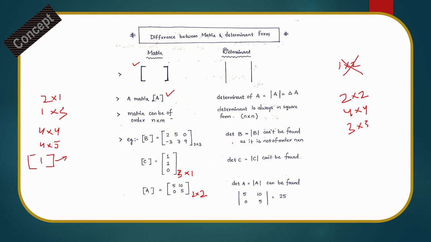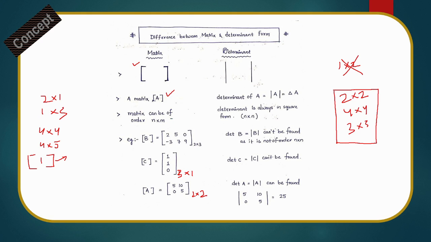So here it is saying the determinant of B cannot be found as it is not of order n cross n. If a matrix is given like this, 2 cross 3, it is not possible to calculate the determinant, because a determinant value should be calculated for a square matrix.